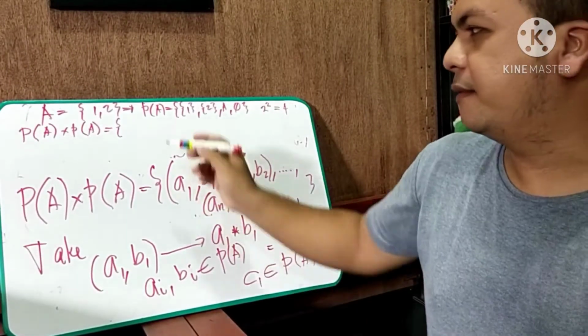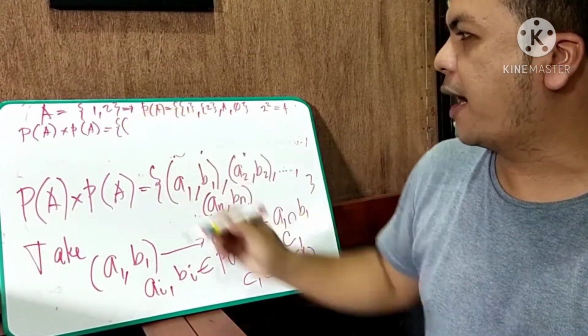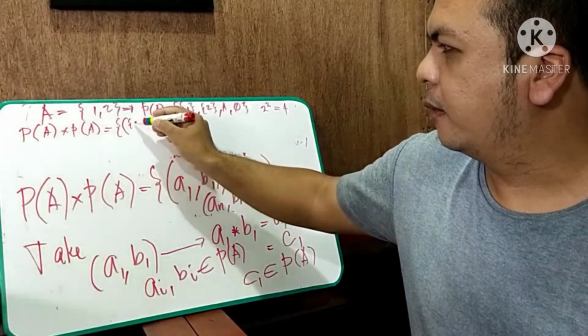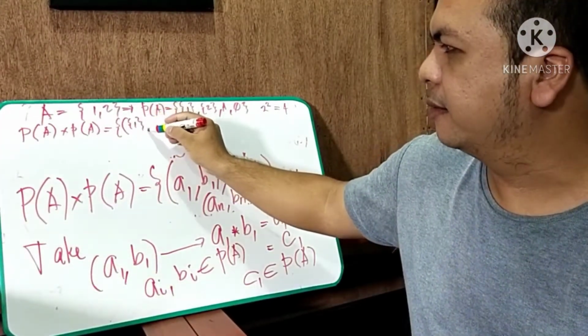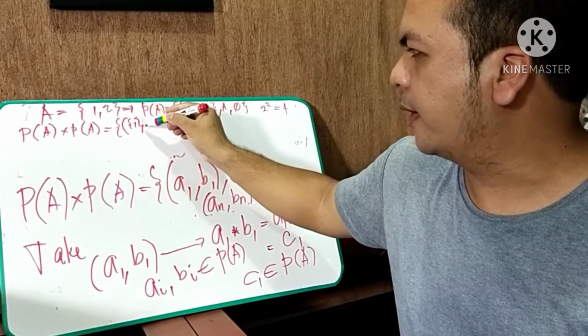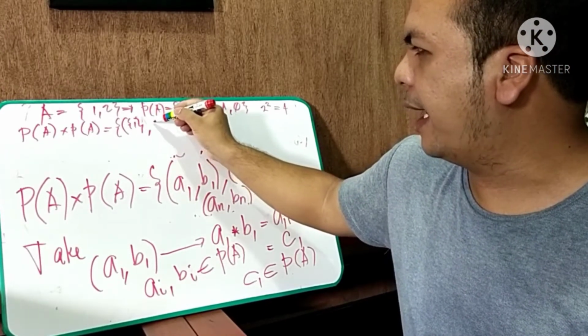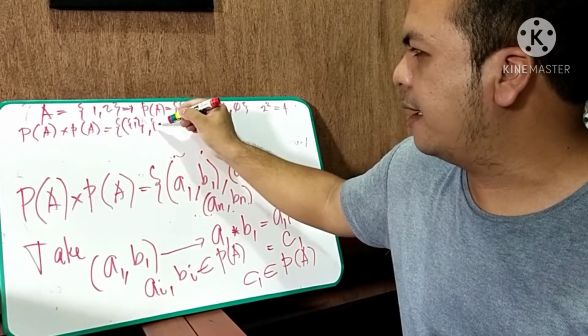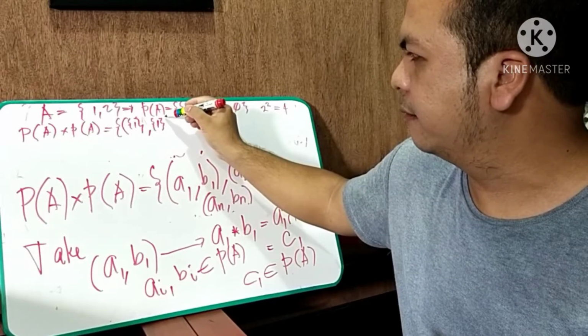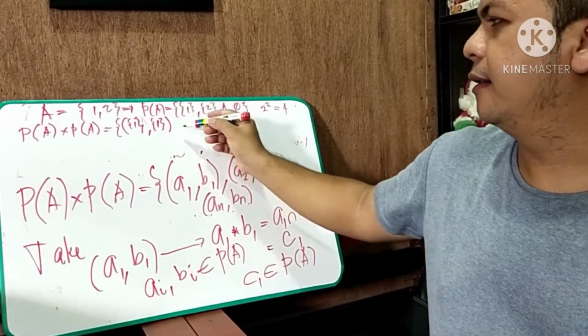That would give us the ordered pair, say, 1, 1.